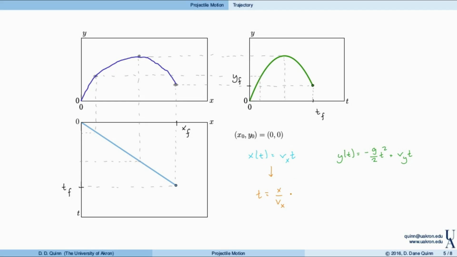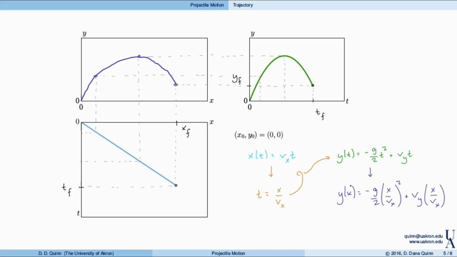And then from there, I'll take that and I'll introduce it into my expression for y, which gives me y of x equals minus g over 2 times t squared. Well, t is x divided by vx, plus vy times t, and again, x divided by vx.